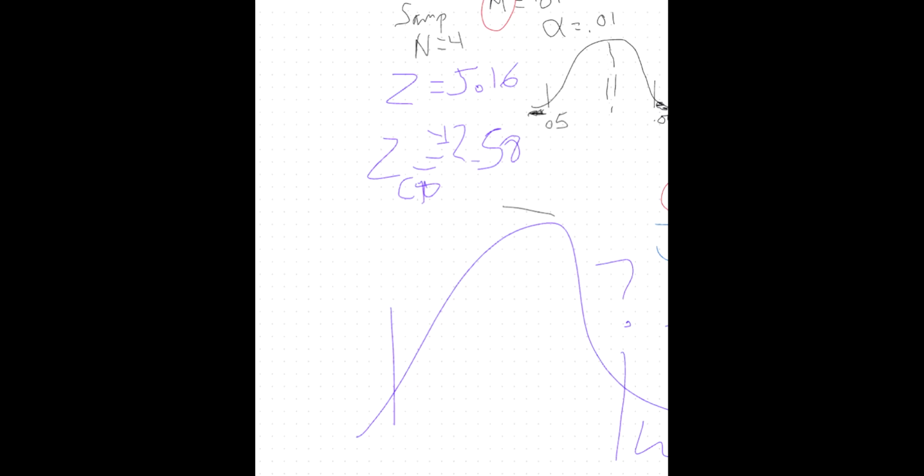And so 5.16 is going to be smaller or bigger than whatever this number is? Smaller. So it's going to be less than whatever this is. And so we would write, based on the information we have in front of us, it's less than 0.01. I don't know what it is, but I know it's definitely less than this number here, which is 0.01. And that's probably the best I can tell you.